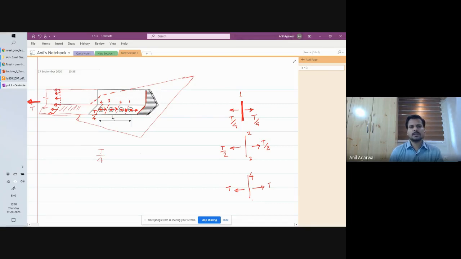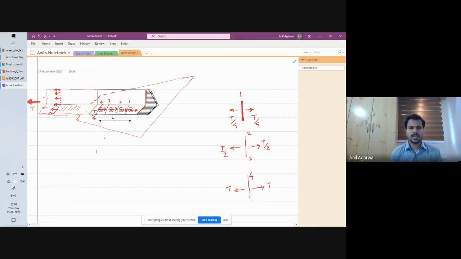So if that is the case, that means initially the stresses were only here on this leg, on the bottom leg, right? But later on they get transferred to the other leg, isn't it?